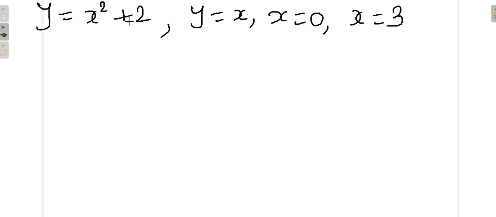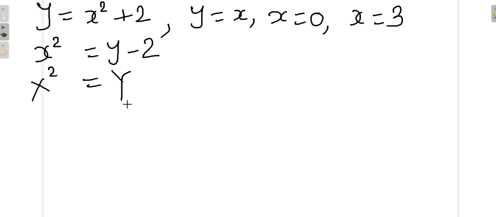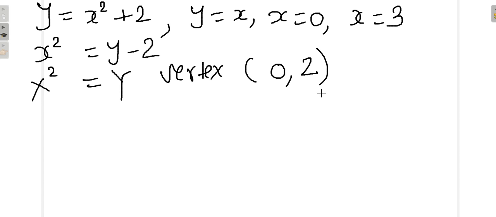We have y equal to x square plus 2. That gives you x square equal to y minus 2, of the type x square equal to y, and the vertex is obviously x equal to 0, comma 2. So this is the vertex. Where does the curve cut x-axis? Put y equal to 0.